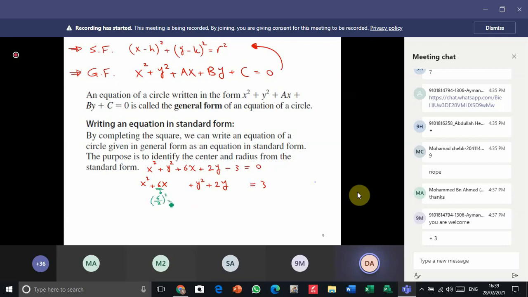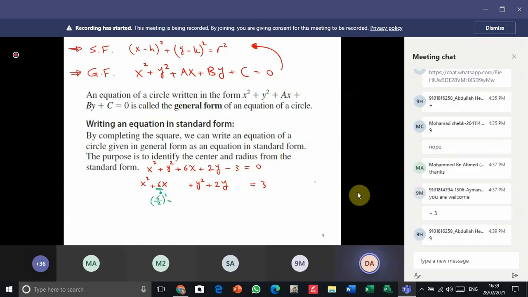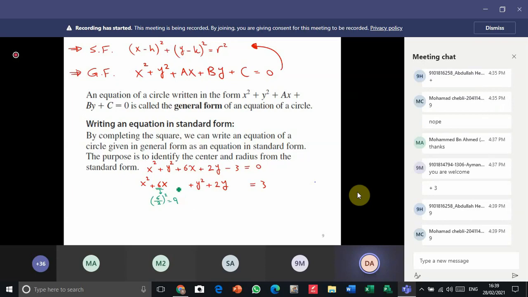So we take the coefficient of x, divide by 2 and square it. 6 divided by 2 is 3. 3 square equal what? 9. So put 9 on the left hand side and the right hand side. Okay, this is the complete square.